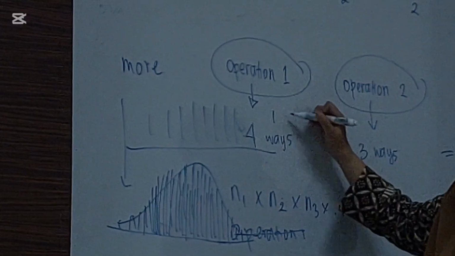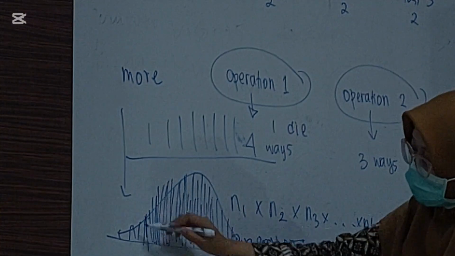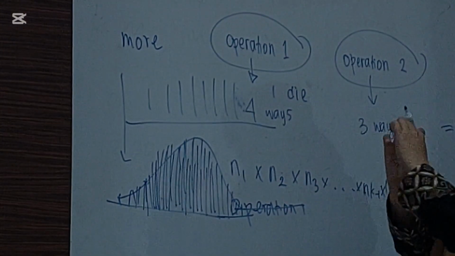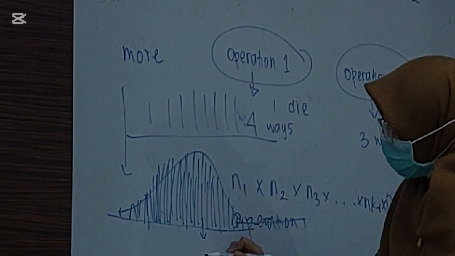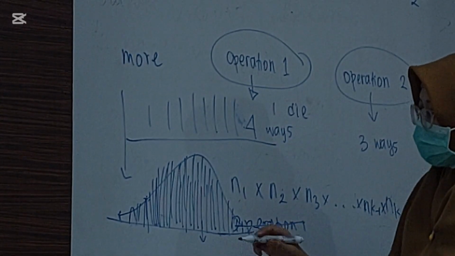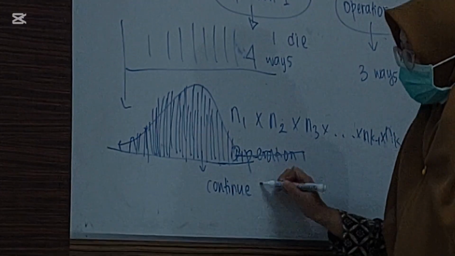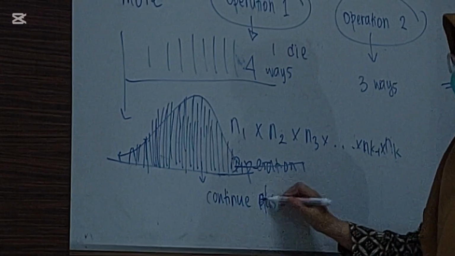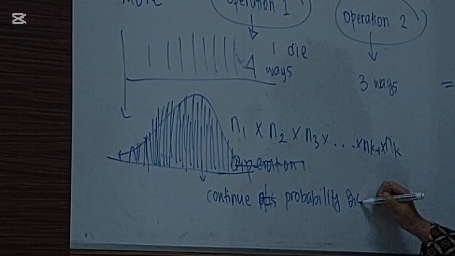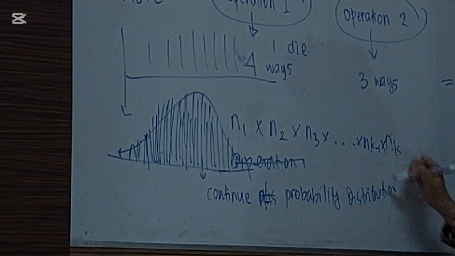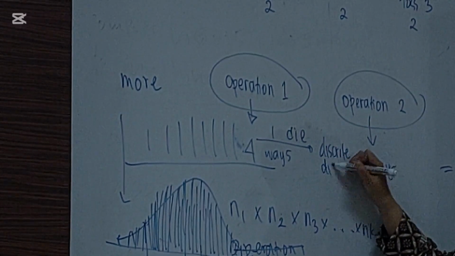if it is one time and more times, the calculation becomes more complex, and we can approach it with a continuous probability distribution. This is the discrete distribution.